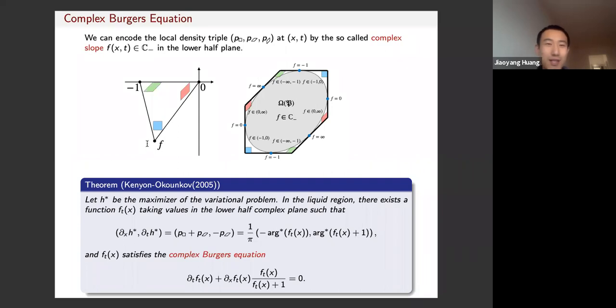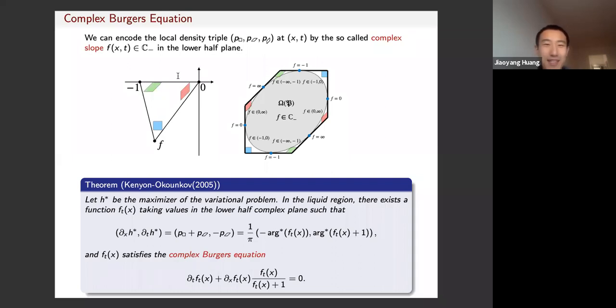My notation is slightly different from theirs, because I take the left side to be the bottom and the right side to be the top. So my complex slope is in the lower half complex plane. Basically, you take this triangle with vertices at -1, 0, and f, and those three angles parameterize those local densities.